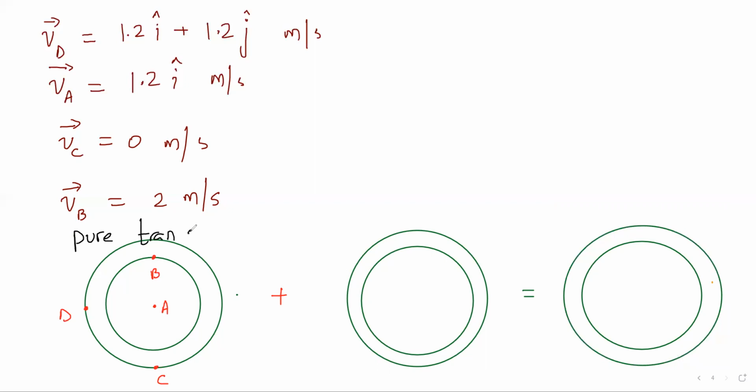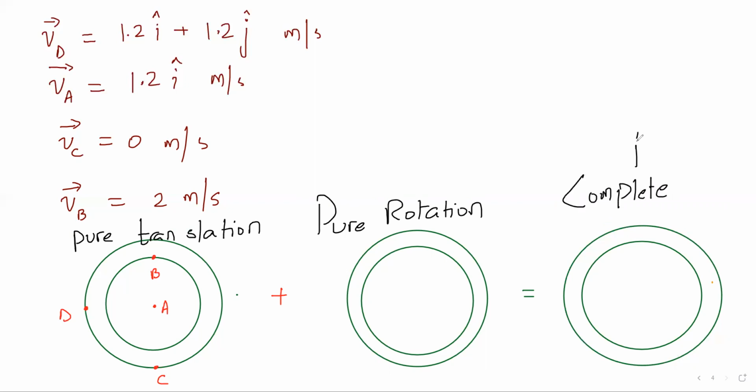This one I will say is my pure rotation. This one I will say is my complete motion. Complete the picture quickly. This is not easy, by the way. Please make sure that the three circles are the same. So I just made a horrible diagram.